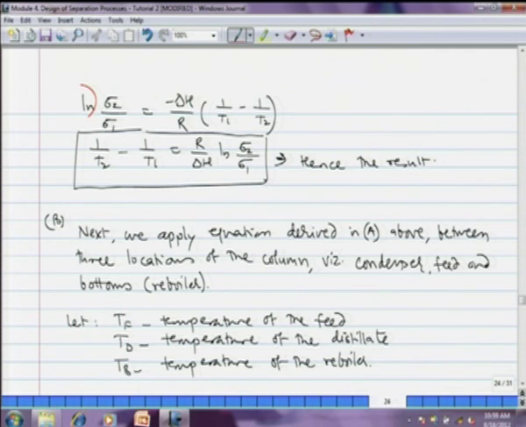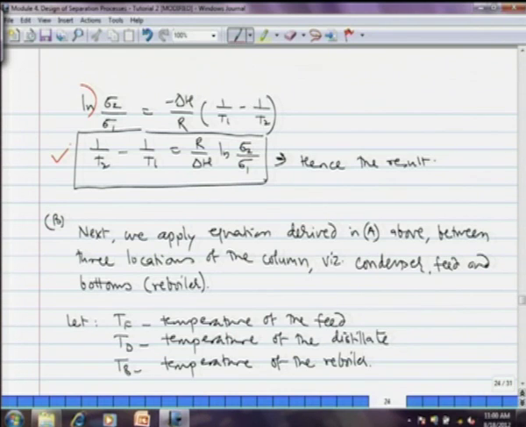This equation is very helpful because it can give us an idea of how the heat is being degraded in a distillation column. Whenever you have a close boiling mixture in a distillation column, the delta H is essentially the same, meaning the latent heat for all components is more or less the same.